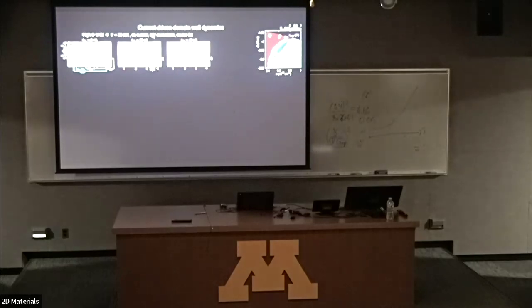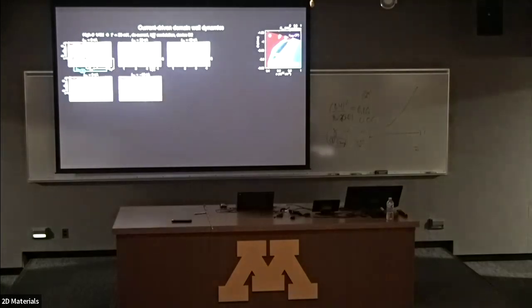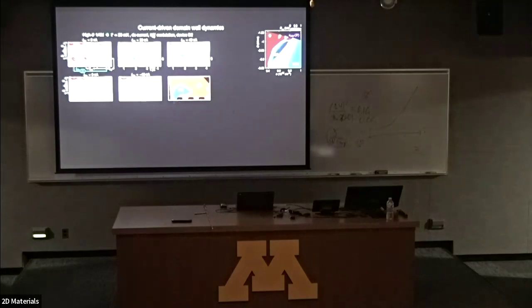This domain expands, inflates as we increase the current, and then when we decrease the current, it deflates and vanishes at zero current. Interestingly, for negative current, there is no minority domain. This is just a cartoon of what we see here, that we inflate a minority domain by injecting electrons at contact 1.